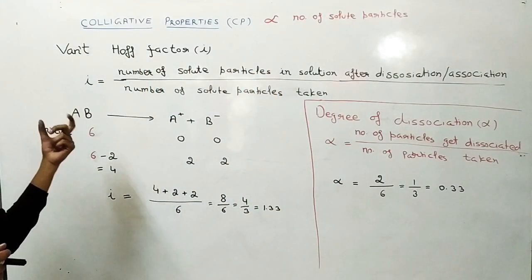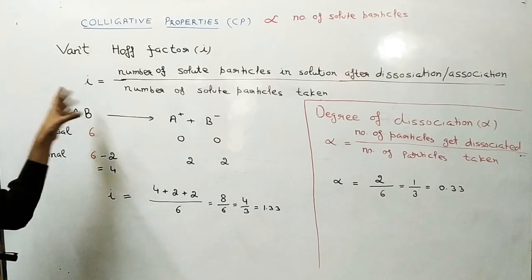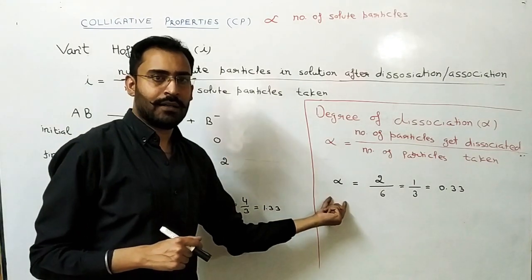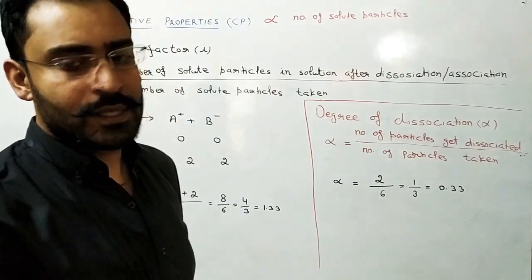After this example, now we will establish a mathematical relationship between i and alpha in the case of a solute which undergoes dissociation.